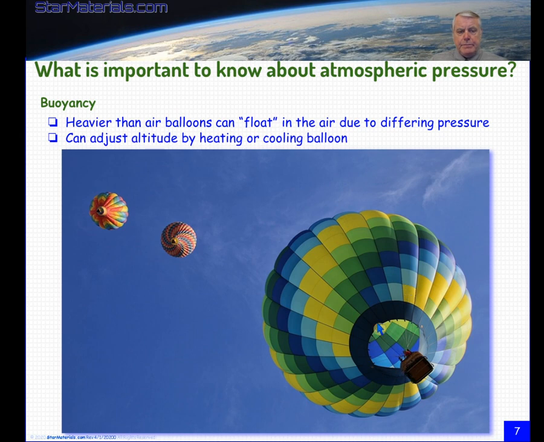They have big burners that send heated air up into the balloon. Now, heated air takes up less space than colder air. Therefore, there are less molecules in there, and it actually floats in a sea of air the way a boat does in the ocean. Same idea, except instead of being liquid, it's a gas.